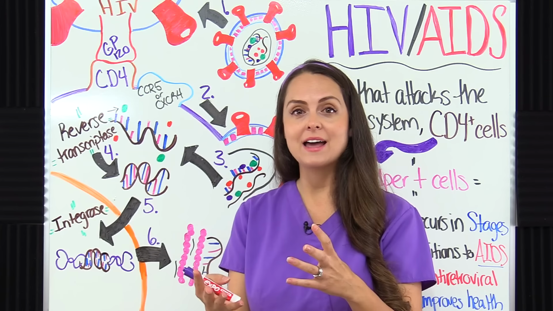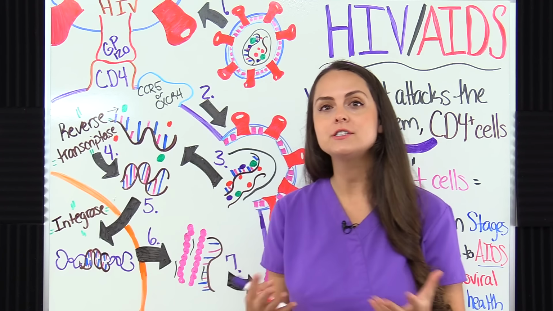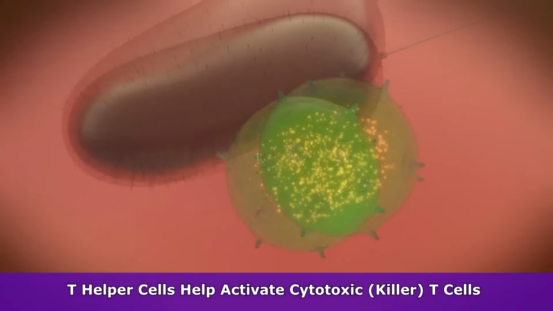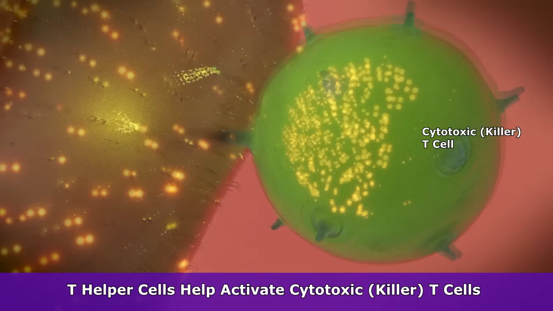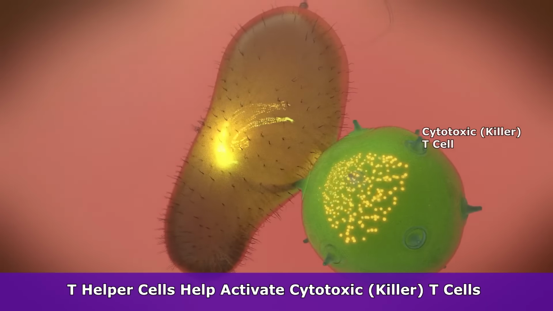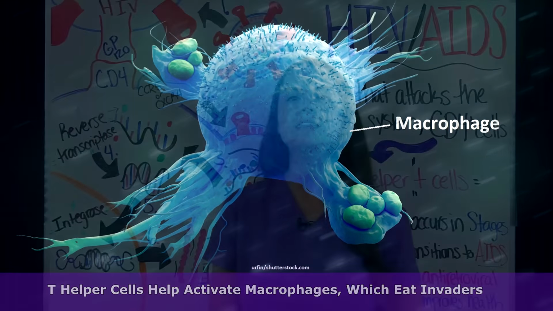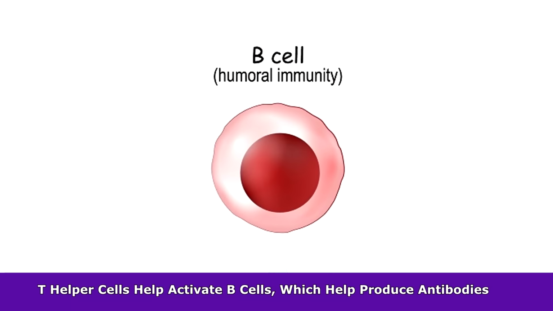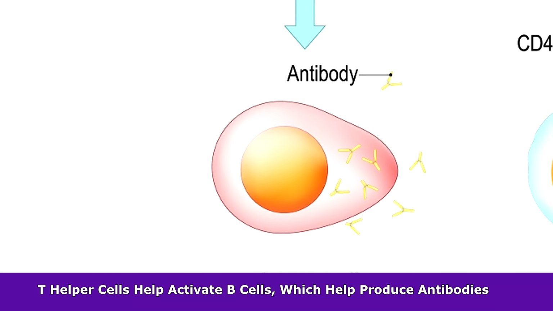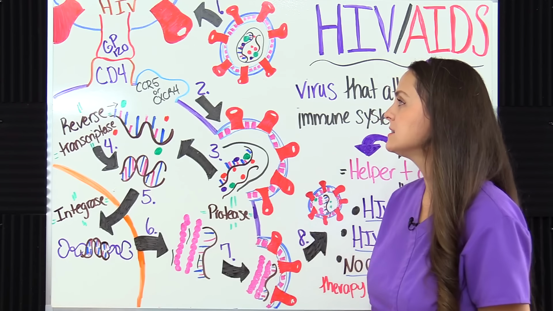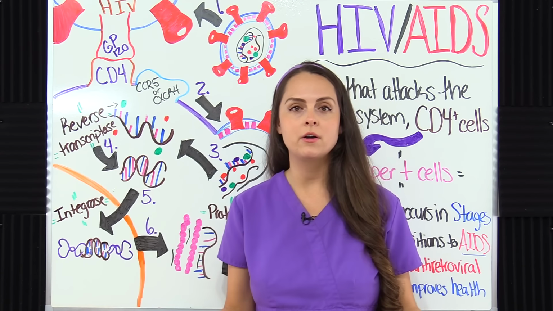Therefore, these cytokines help activate other types of T cells known as the cytotoxic T cells, which help kill invaders. They also help activate macrophages, which help eat invaders, and B cells, which help us produce antibodies in response to those invaders. So as you can see, this helper T cell plays a very important role in our immune system.